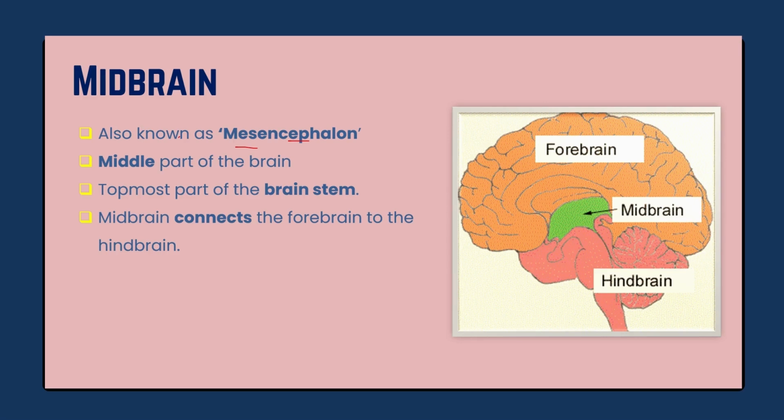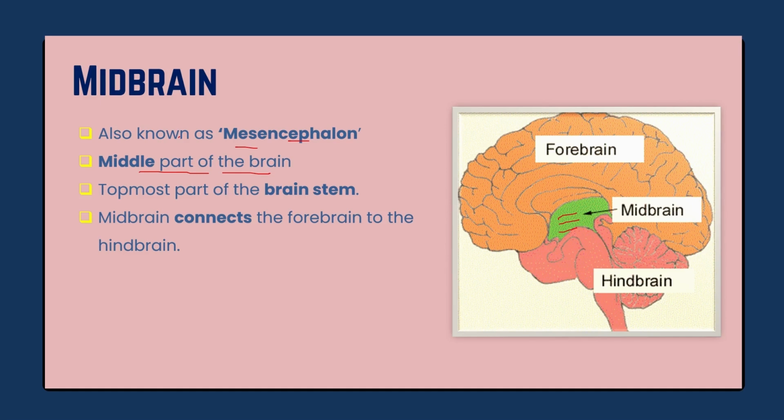It is the middle part of the brain. You can see it here in this image, this green portion which you see, this is the midbrain, and you can see that this is the middle part of the brain. Now, besides being the mid part of the brain, it is also the topmost part of the brain stem.